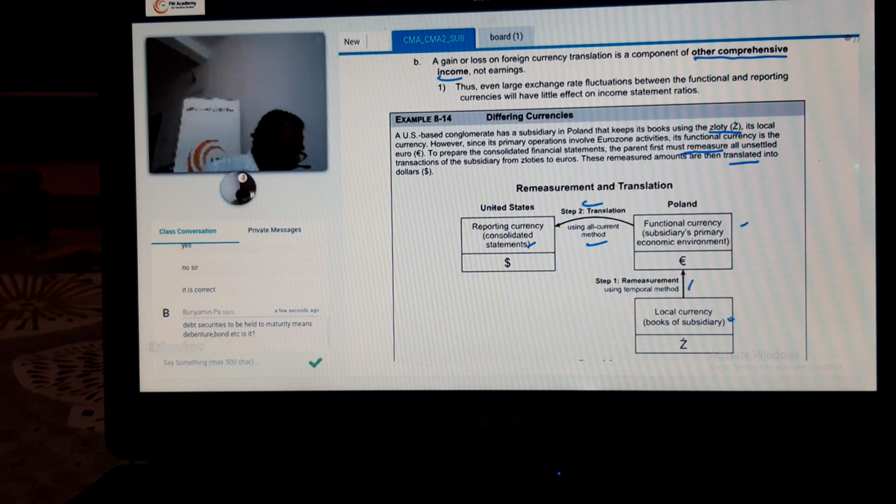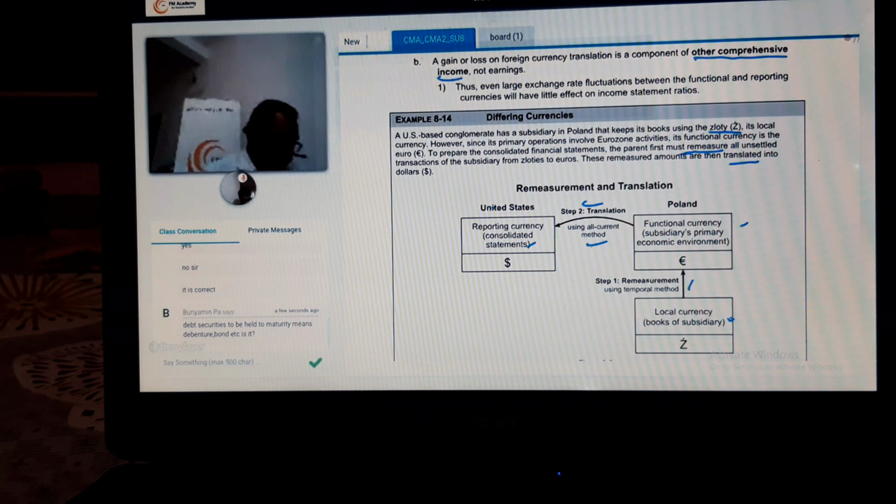Consequently, the translation adjustment that arises from the consolidation of that operation: directly affects cash flow but should not be reflected in income; directly affects cash flow and should be reflected in income; does not directly affect cash flows and should not be reflected in income; does not directly affect cash flows but should be reflected in income.